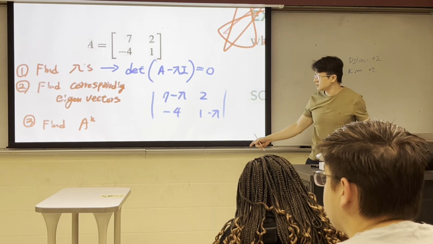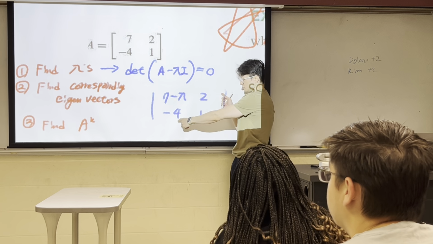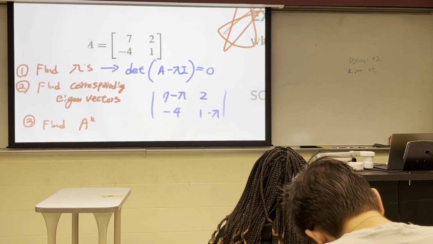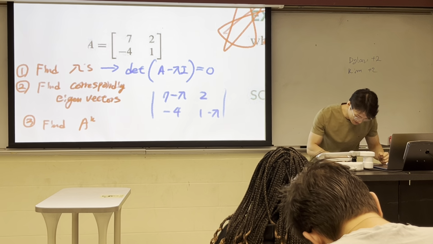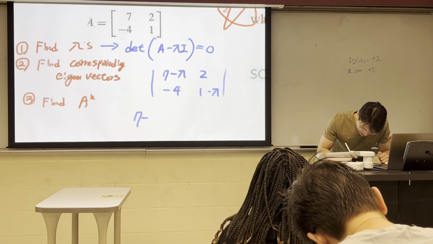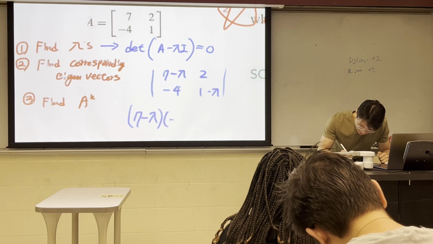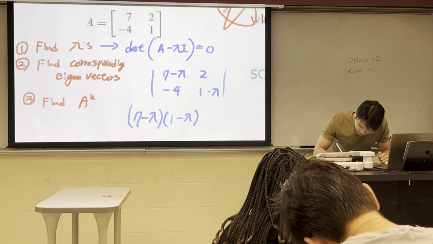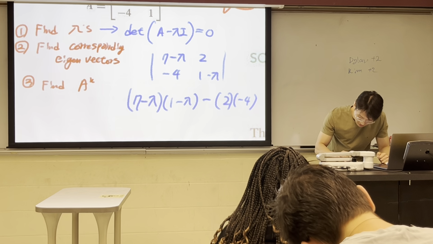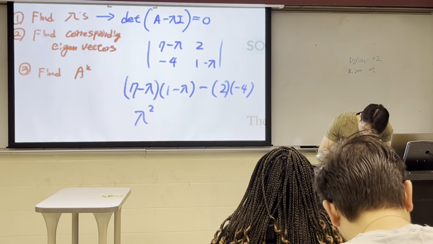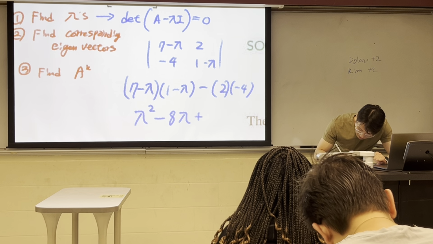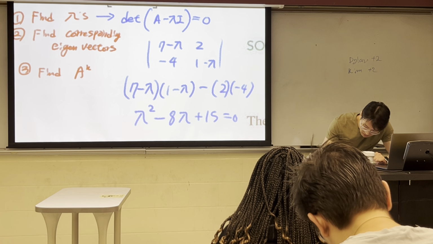Now you multiply these two across minus those two. So 7 minus lambda times 1 minus lambda minus 2 times negative 4. Then what you get is lambda squared minus 8 lambda plus 15 equal to 0.